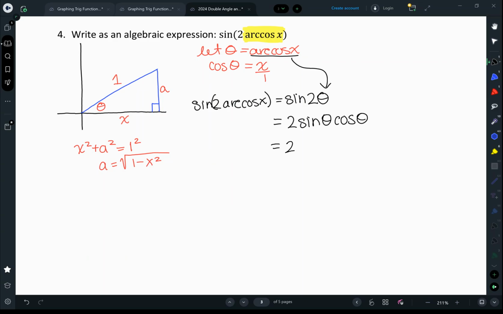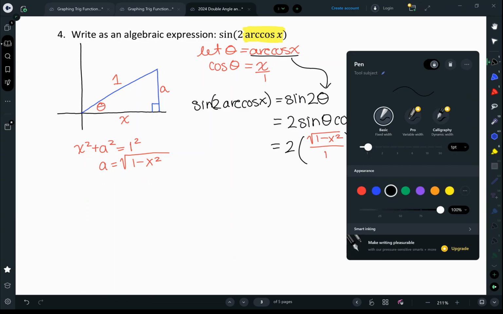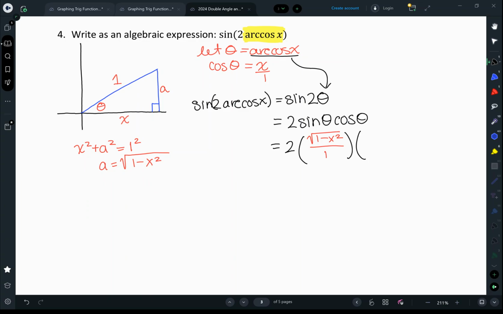So I get 2 times the sine, which is the opposite, the square root of 1 minus x squared, over the hypotenuse, which is 1, and then times the cosine, which is adjacent, x, over hypotenuse, which is also 1.